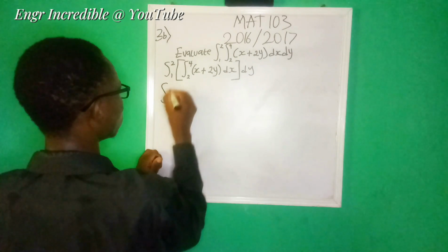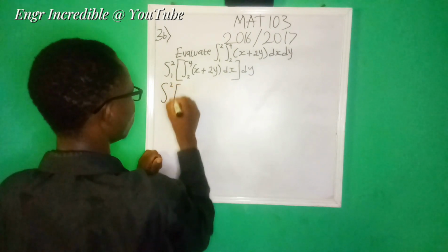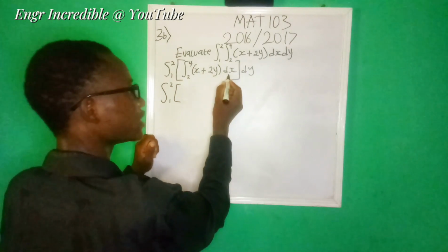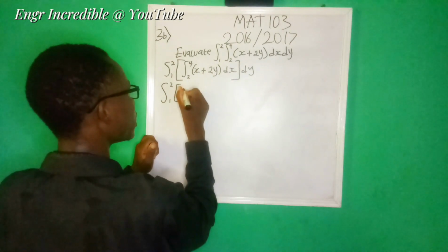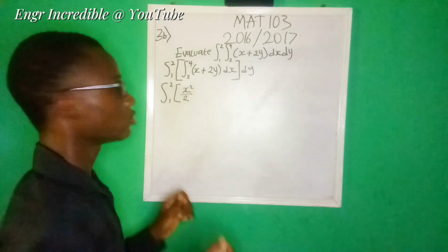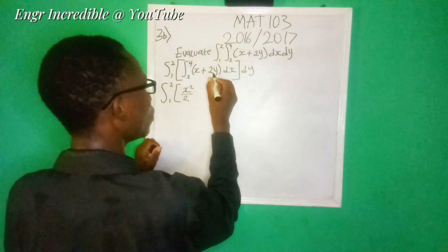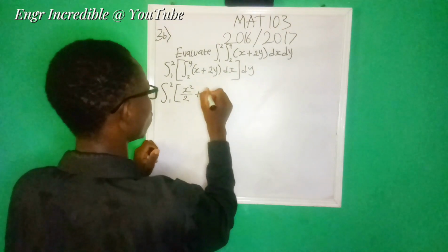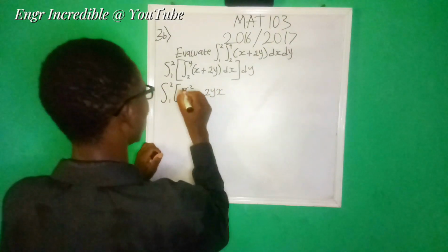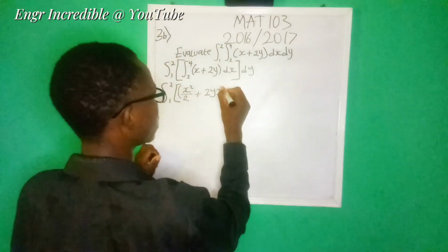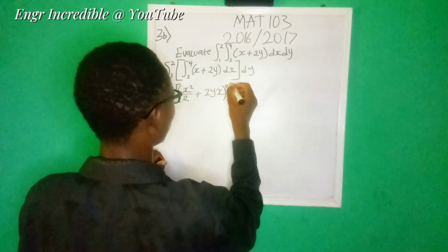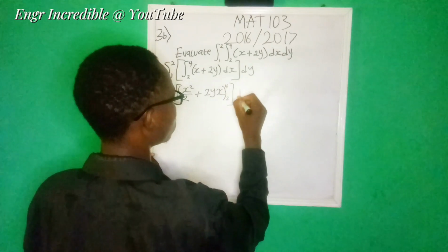When we integrate x with respect to x, we have x squared all over 2, using the law of integration. Then when we integrate the second term, it will be plus 2yx. All this I have to put inside another smaller bracket with limits 2 to 4, dy.